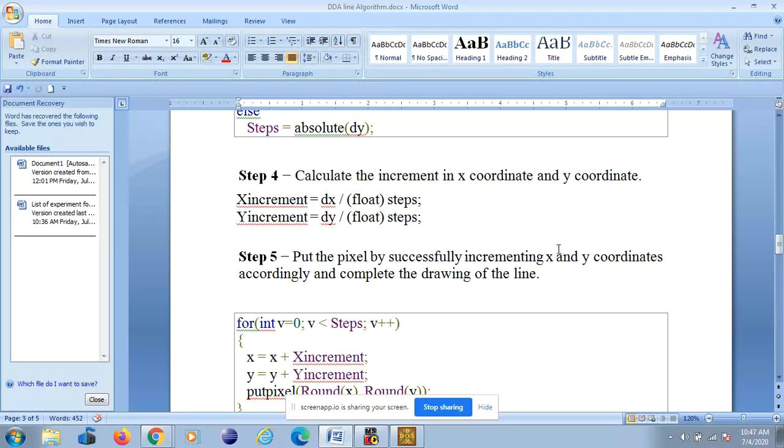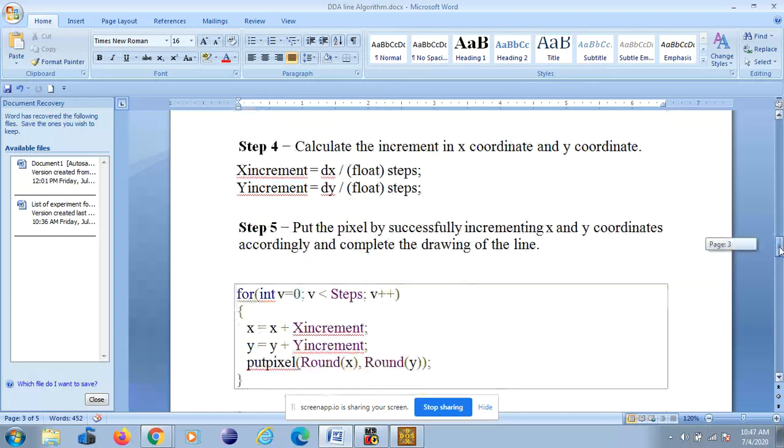After calculating the incremental values along the x and y coordinates, we are now in a position to put the pixels and complete the drawing of the line.